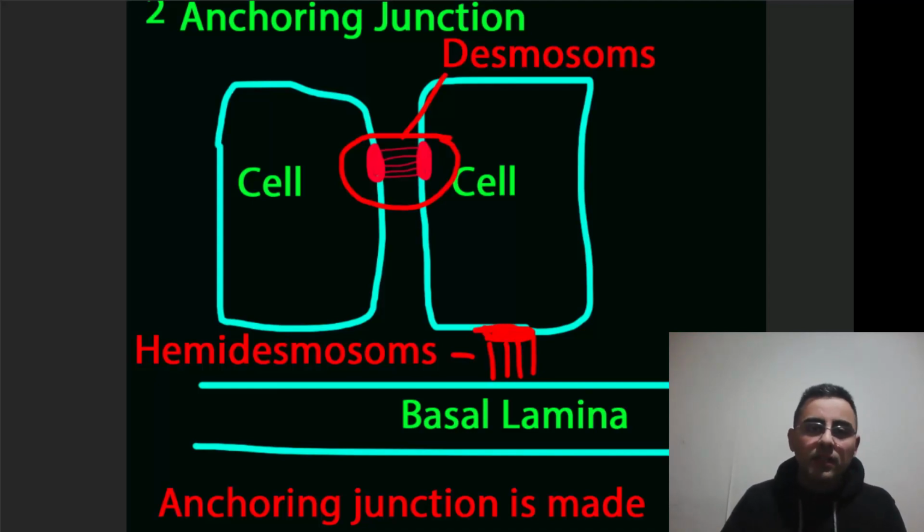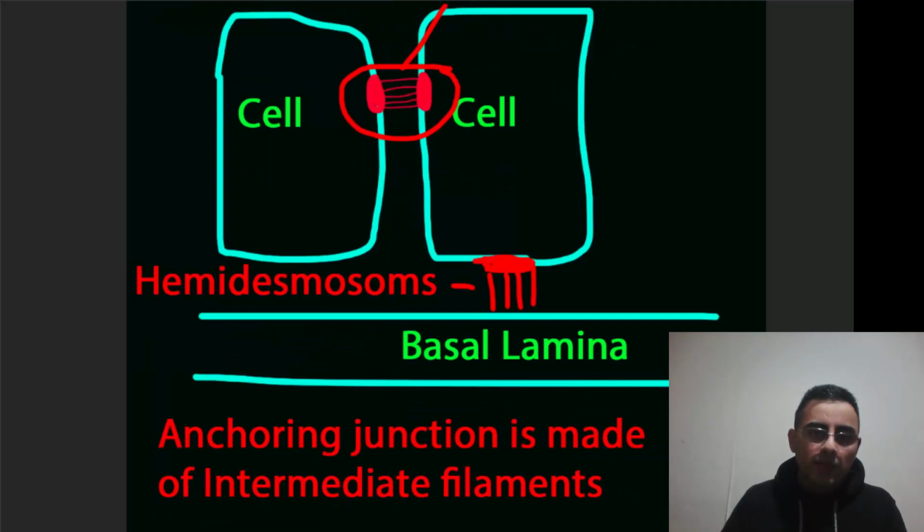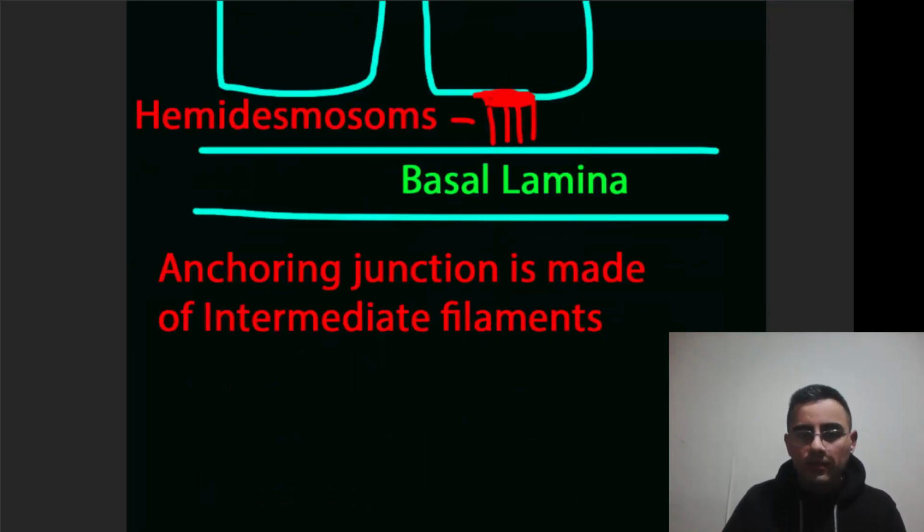When it is between two cells, it is called desmosomes. When it is between a cell and another structure, it is called hemidesmosomes. Very easy.